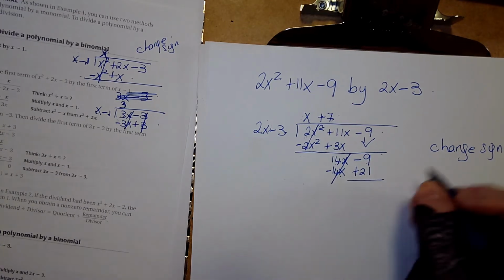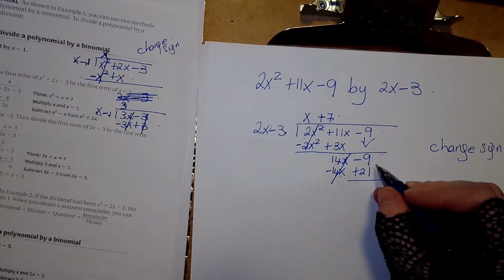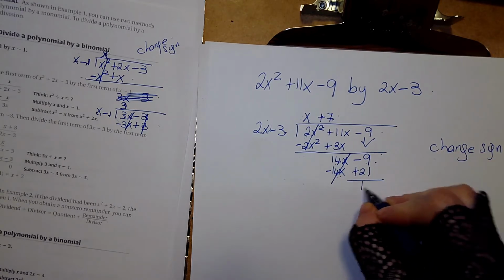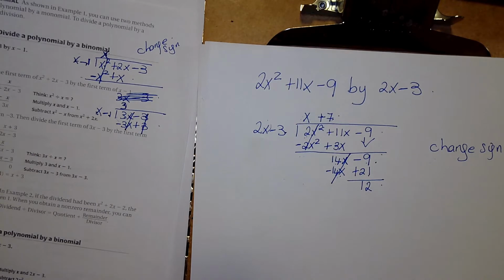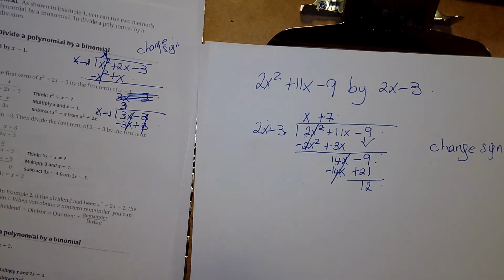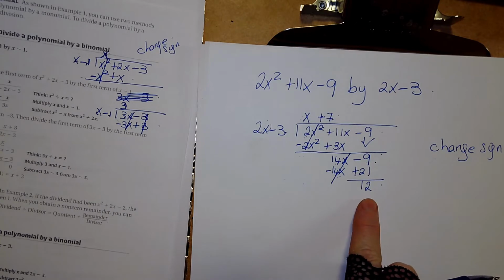But then I've got 21 minus 9, which is going to be 12. Okay, so just like when you divide regularly and you have a remainder, 2x does not go into 12. There isn't even an x. So that means that's a remainder.